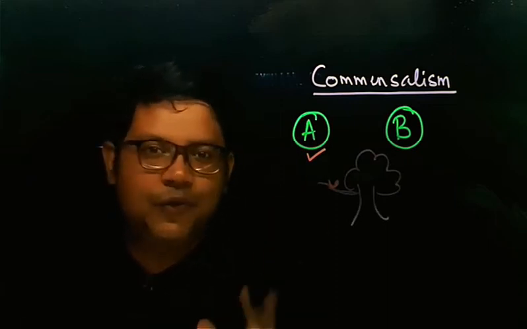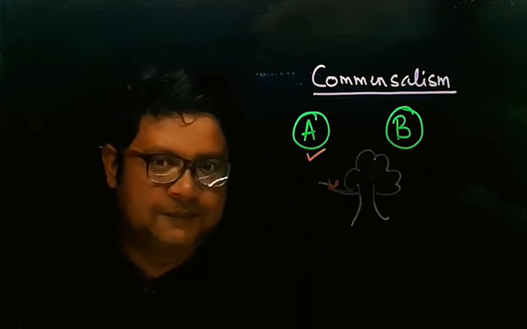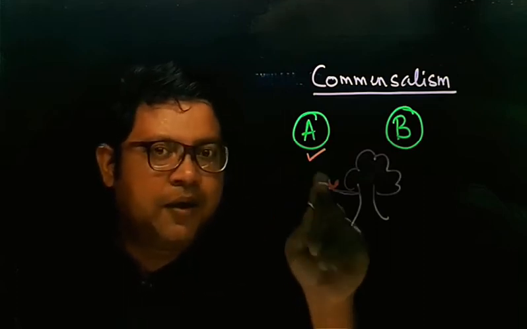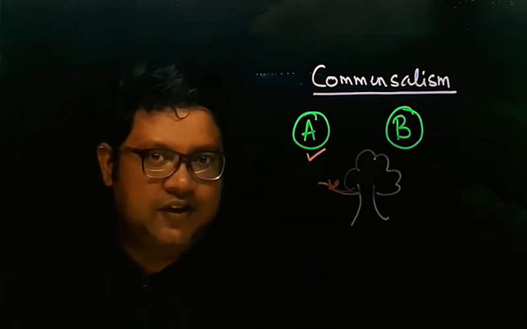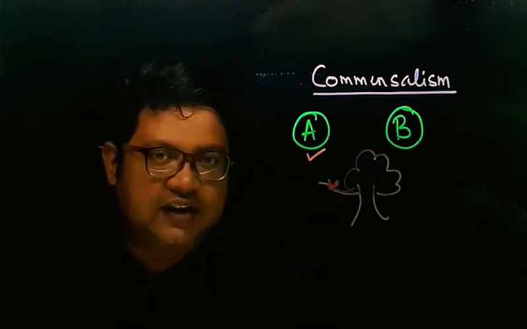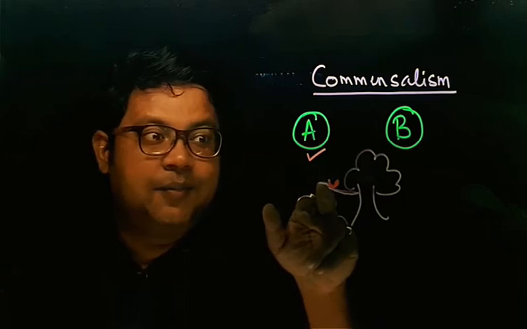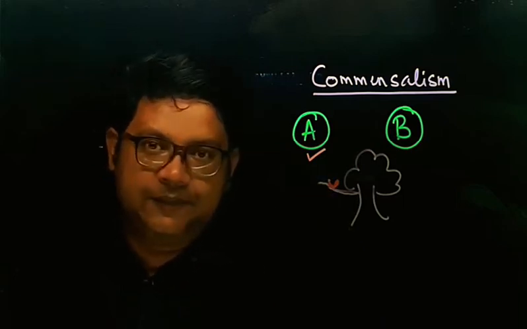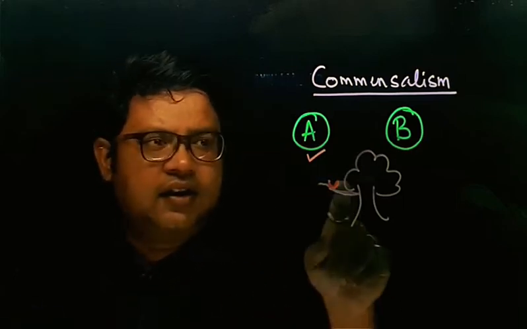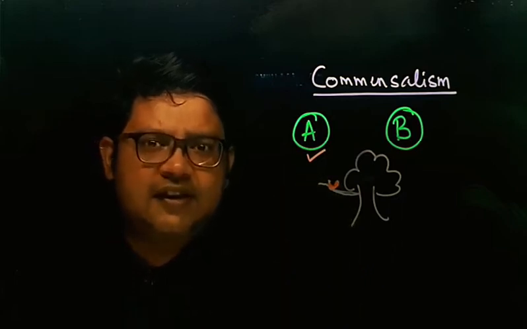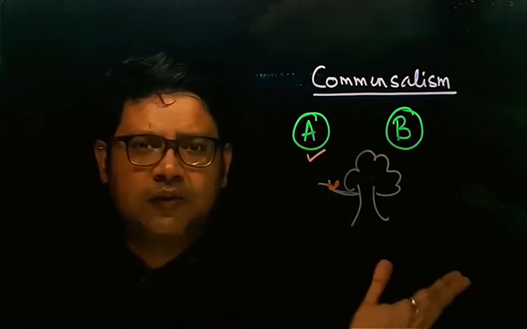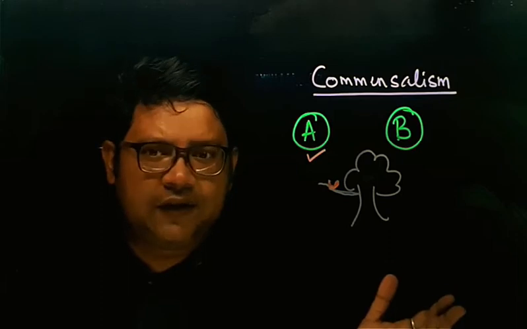Now tell me which type of interaction is it? The bird is building a nest on the tree, so the bird is getting shelter. That means the bird is getting benefited, right? But the nest does not bother the tree itself.